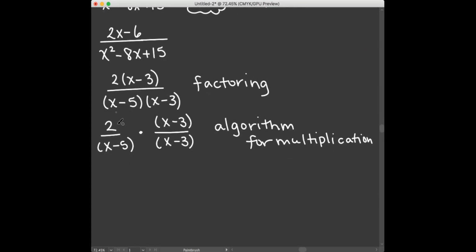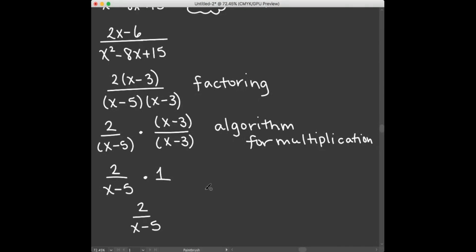All right. The next thing that we can do now is say that x minus 3 over x minus 3 is equal to 1. So for 2 over x minus 5 now we have multiplied by 1. Okay, and then of course when you multiply by 1, you just get an answer of 2 over x minus 5.